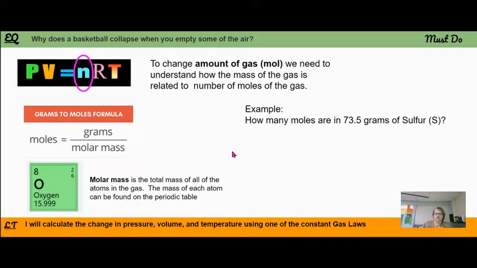I will show you that in our example, which is how many moles are in 73.5 grams of sulfur. I will be right back and I will explain how to solve that to get the number of moles.